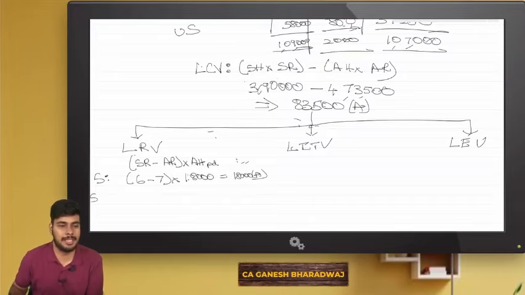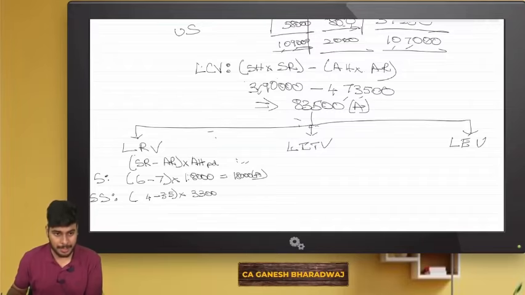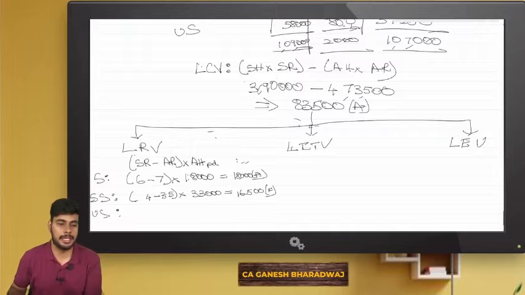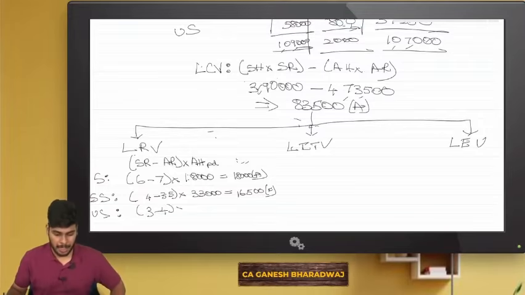Next, semi-skilled. 4 minus 3.5 into 33,000. How much is that? 16,500. Adverse or favorable? Right. Next, unskilled. 3 minus 4 into 58,000.